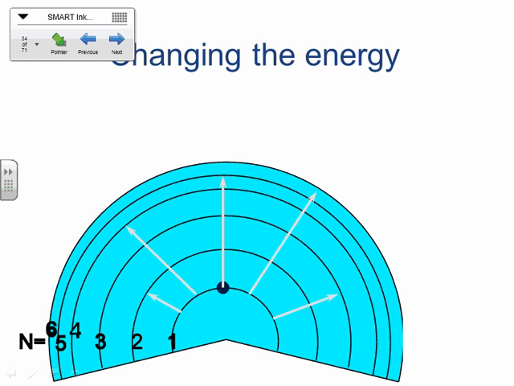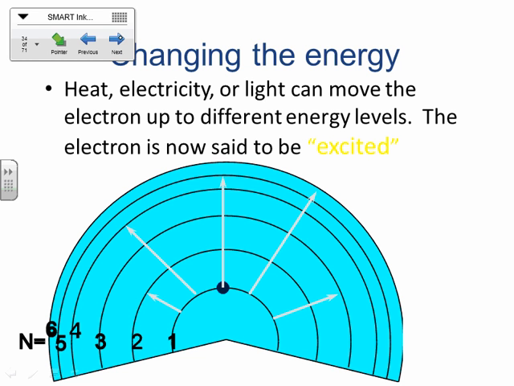What else can you do maybe to an electron to add some energy to it? Any other ideas? There's one other one we're going to do today, and it's on letter B: electricity. So we're going to actually play with all of those today.